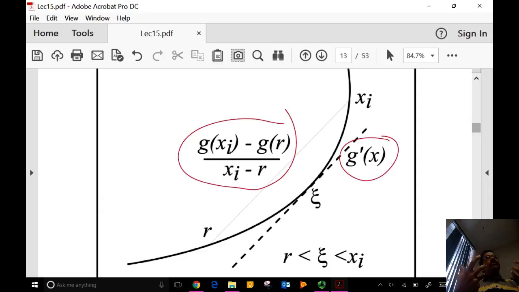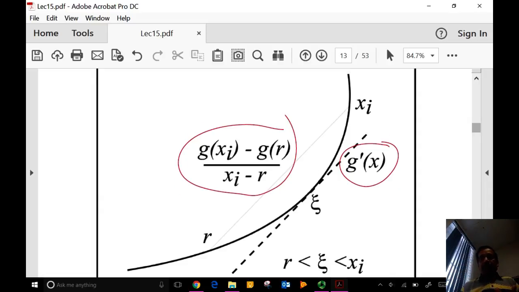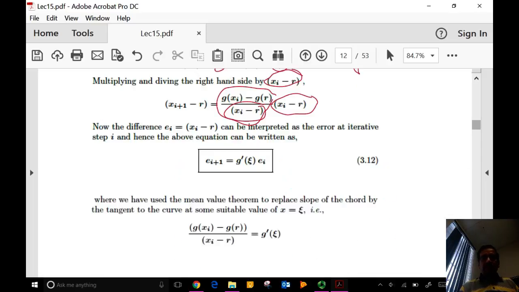Are you following so far the logic? So if you go back to this, we saw that this is the slope. So I replace it by the slope, but the slope is at an unknown place psi, in the neighborhood of r, between r and x_i.